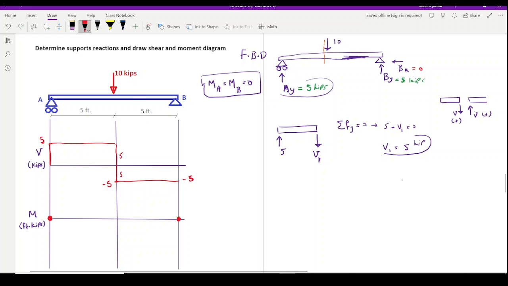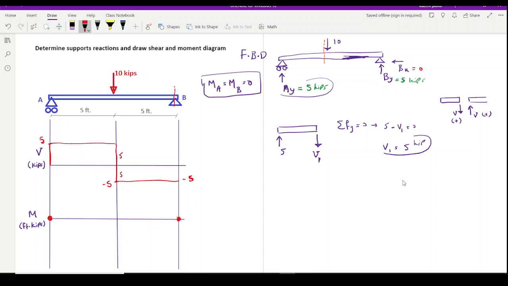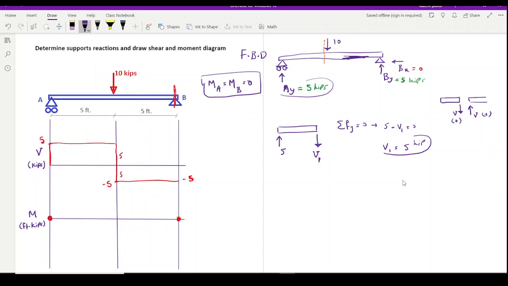So let's examine it. Let's draw the FBD this time on the left side of B and see why it is negative. So I draw the FBD for the section. I have By, which is 5 in here, and I have a V, and it's looking upwards based on the positive sign direction.